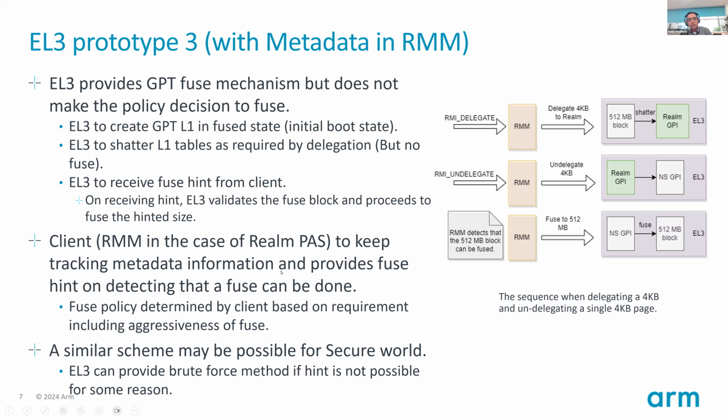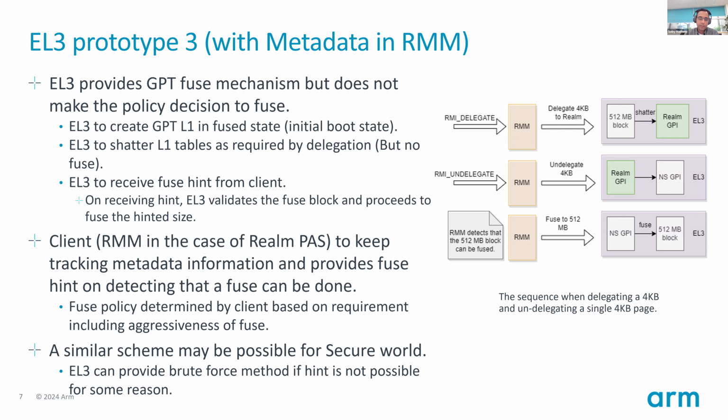It also has the advantage that the fuse policy can be determined by the client based on requirement, and hence the client can dictate the aggressiveness of the fuse. So it could be that we don't need to fuse all the pages that are delegated to the realm world, but only pages that have a corresponding mapping in the SMMU.